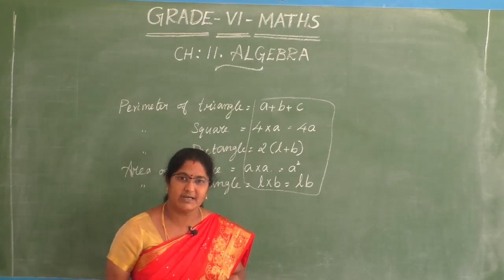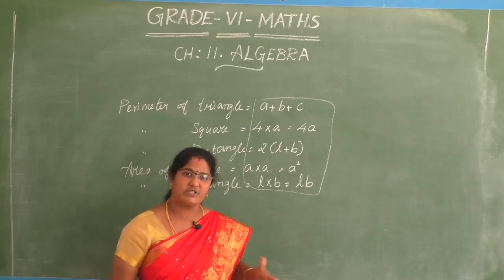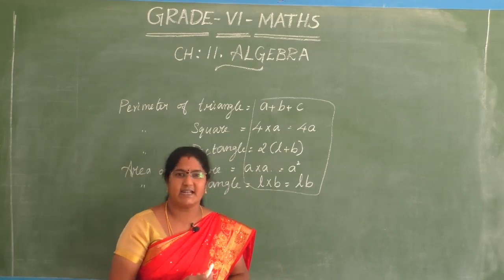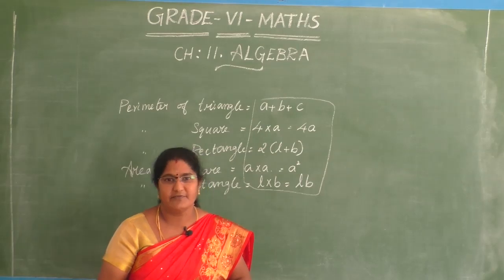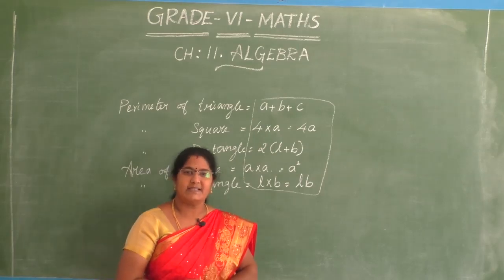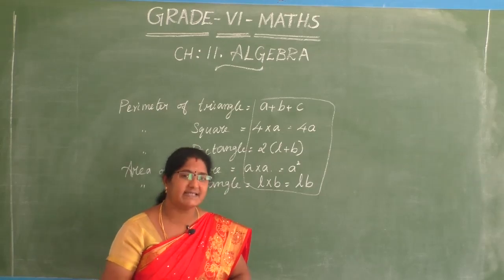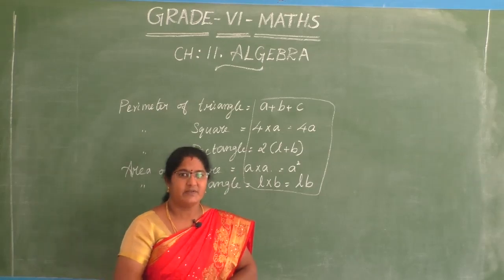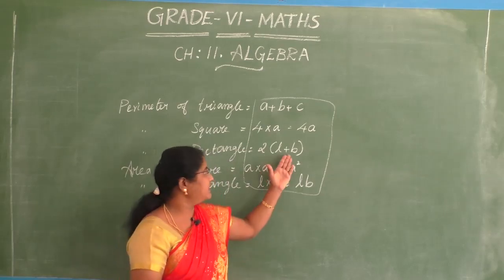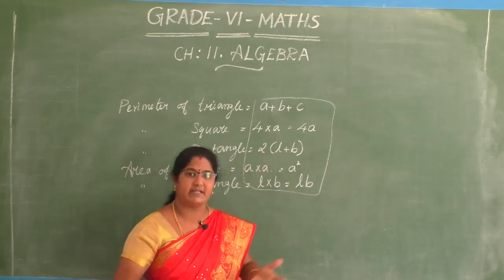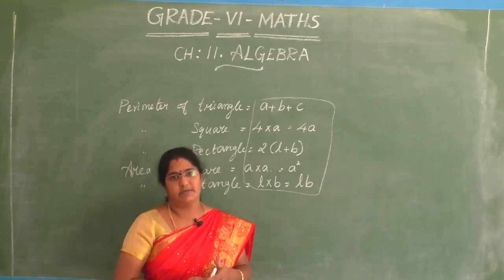You are going to learn letters and numbers, and operations of the letters and numbers. The letters in algebra are alphabets, that is variables. Why are we saying variables? Because all the alphabets can be used as variables in algebra.